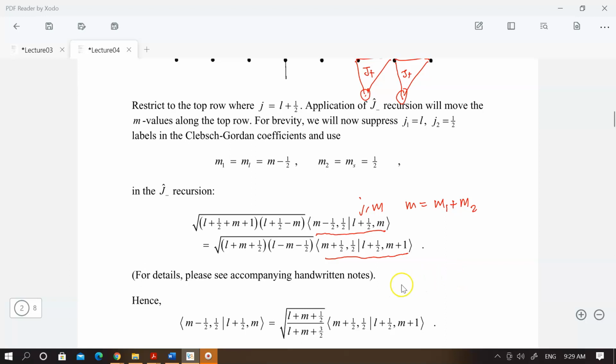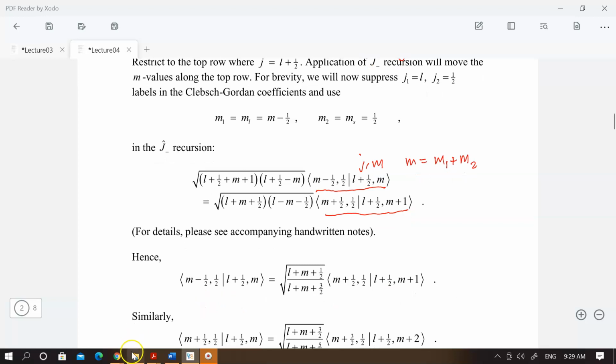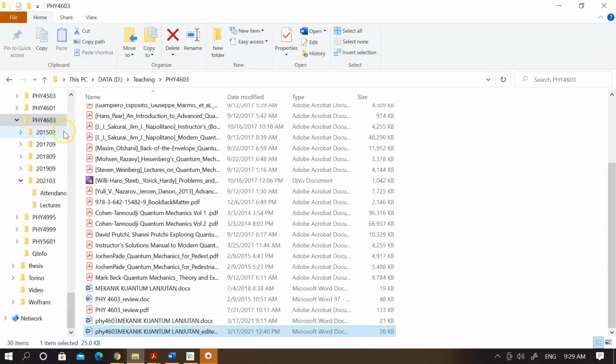For details, I have accompanying handwritten notes. Forgotten about this. Let me see if I have this or not. So that must have come from an earlier one.